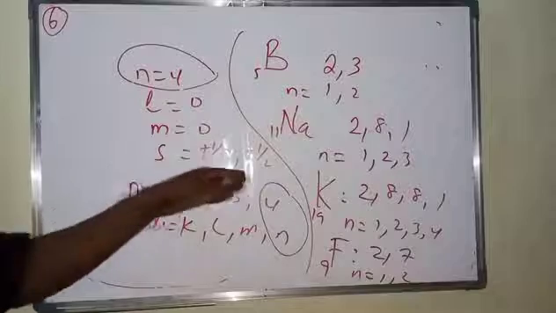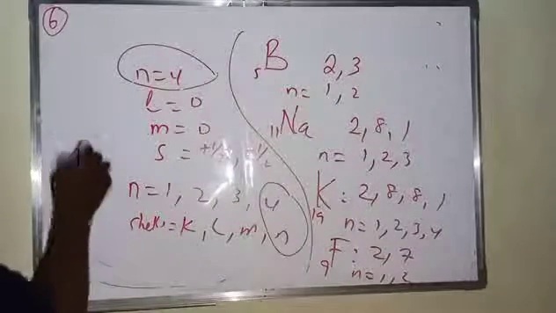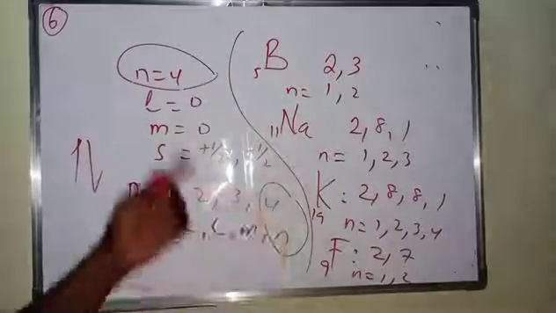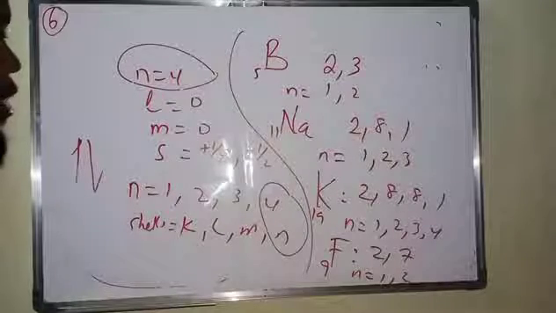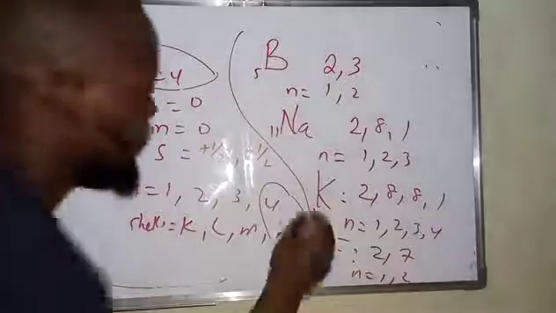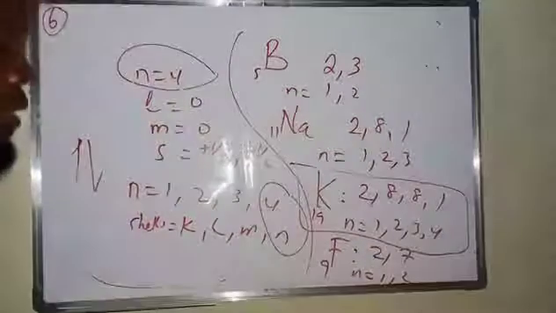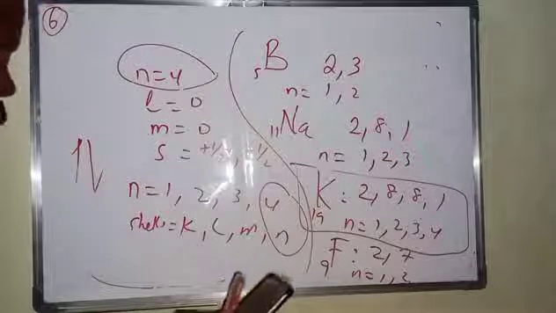Understand? The spin tells you the direction, whether the electron spins upward or downward, in the positive or the negative direction. So with this, we can say option C, which is potassium, is the answer.